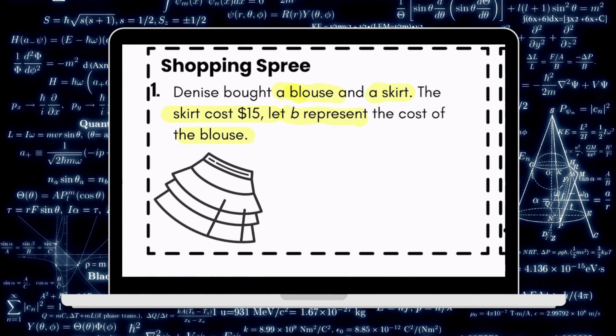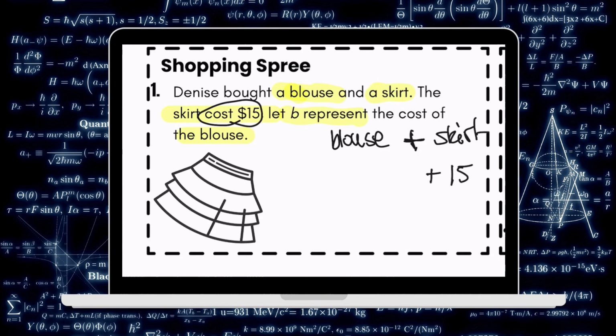So I want to write an algebraic expression to show this. So we know that she bought, and sometimes if you want to draw a picture or write out the words first, we know that she bought a blouse and she also bought a skirt, which means I'm going to be adding the 2. Okay, and then we know the cost of the skirt is $15.